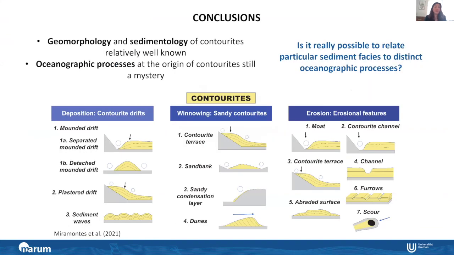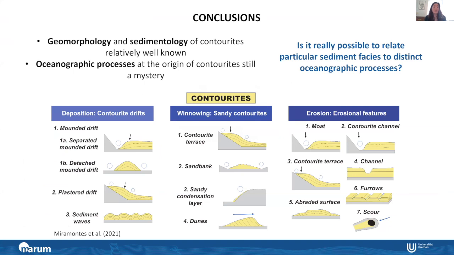So to summarize, as a take-home message, there has been in the last decades, or since the 60s, a lot of progress in the identification of contourites, the description of their morphology and their sedimentary characteristics, but we still don't know much about the oceanographic processes that form them.